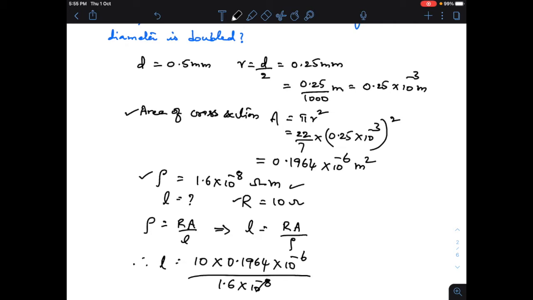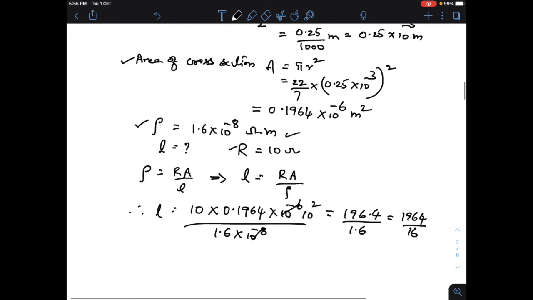So this goes up, it becomes 10 square, 10 square into 10, 10 cube. So this becomes 196.4 by 1.6, or you can write 1964 by 16 to simplify. So that is equal to 122.7 meters. You can check that value. So, length is equal to 122.7 meters.